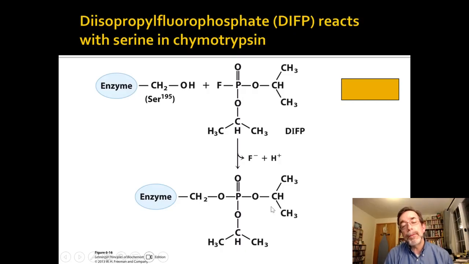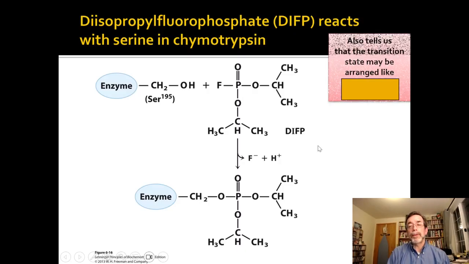The fluorine leaves, and this tells us two things. It tells us that the serine is a crucial residue, and it helped us figure out the mechanism that we showed you for the serine being the covalent nucleophilic attacking residue. It also tells us that the transition state is arranged like a phosphate. And what's the shape of a phosphate? It's a tetrahedron.